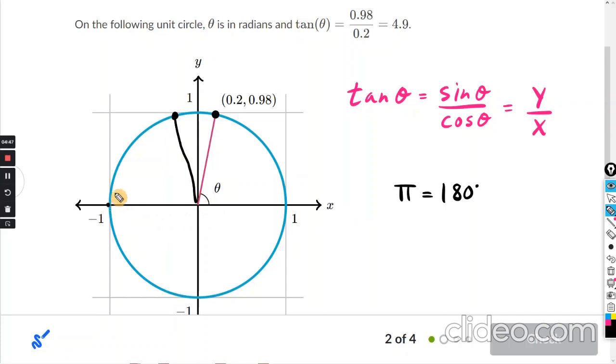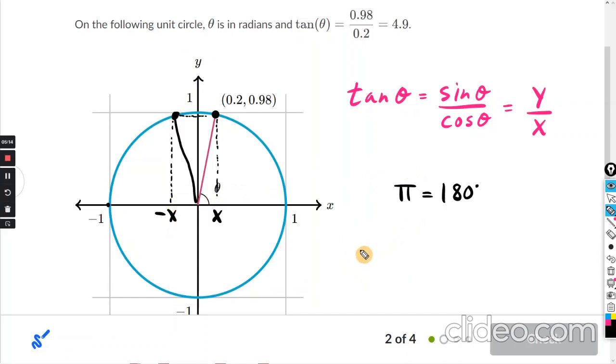That's pi minus theta. Now the y-coordinates here match, and the x-coordinate is going to be the negative of the original. If you trace this down to the x-axis, it's going to be negative x.